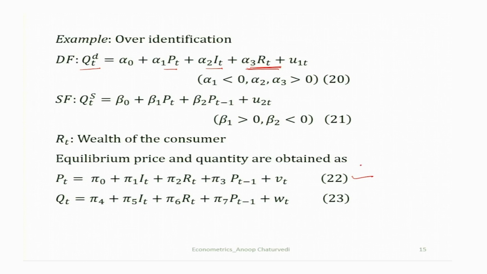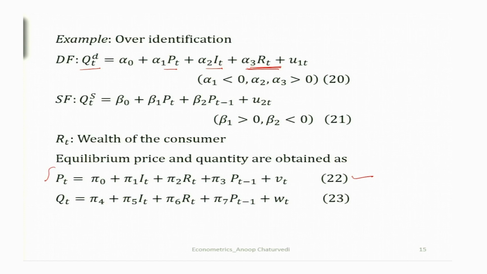So, I am not going to give you the details of the derivation here. This I am leaving as an exercise for you. You can easily verify it. Just equate these two equations, solve it for p t, you get this equation and then substitute the value of p t in any of these two equations, you get this equation 23.